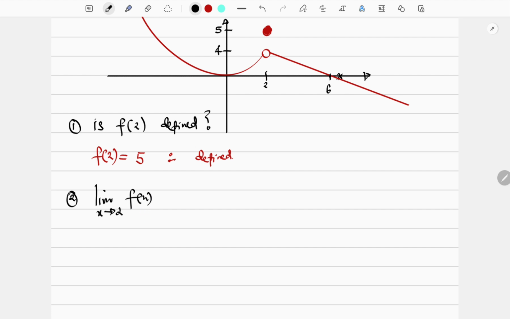Does that limit exist? So for us to test whether that limit exists, we have to test using the 2 conditions, the left and right limits. Limit as x approaches 2 from the positive of f of x, and limit as x approaches 2 from the negative of f of x.